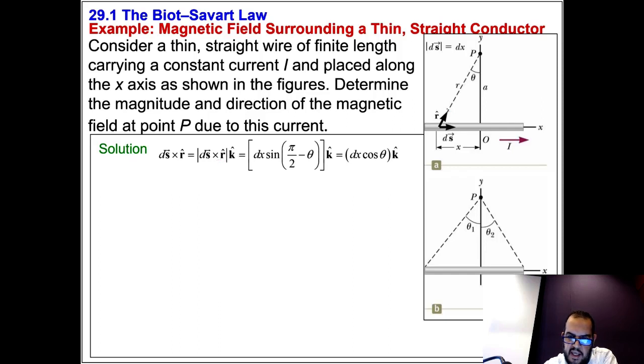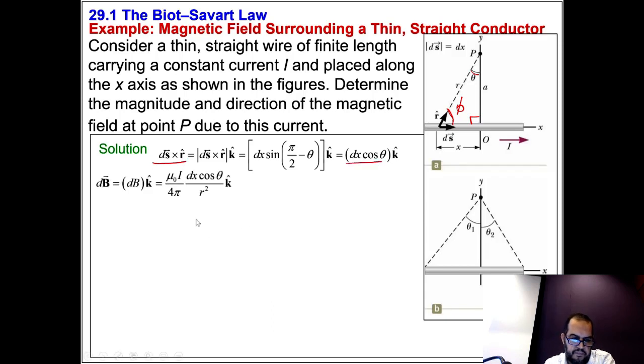So this is the angle here, phi. The ds, which is equal to dx, times sine of phi, where phi is actually pi over 2 minus theta. You can see this is theta, this is phi, and this is 90 degrees. So sine of pi over 2 minus theta is equal to cosine theta. So you can see that this cross product gives us dx cosine theta times k.